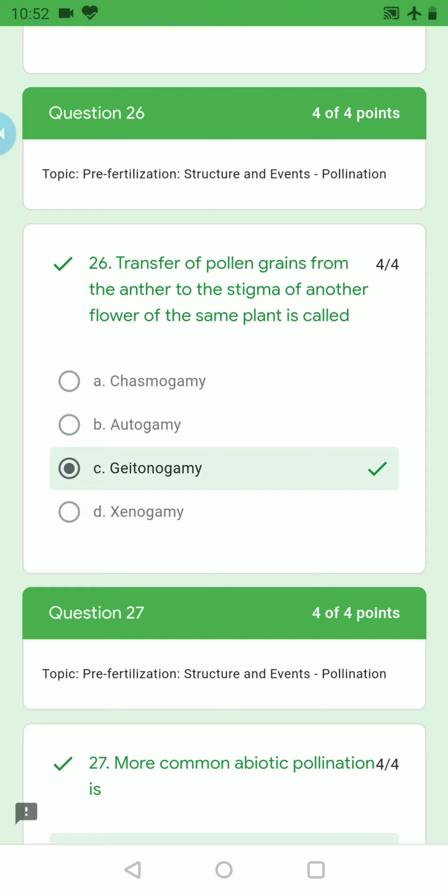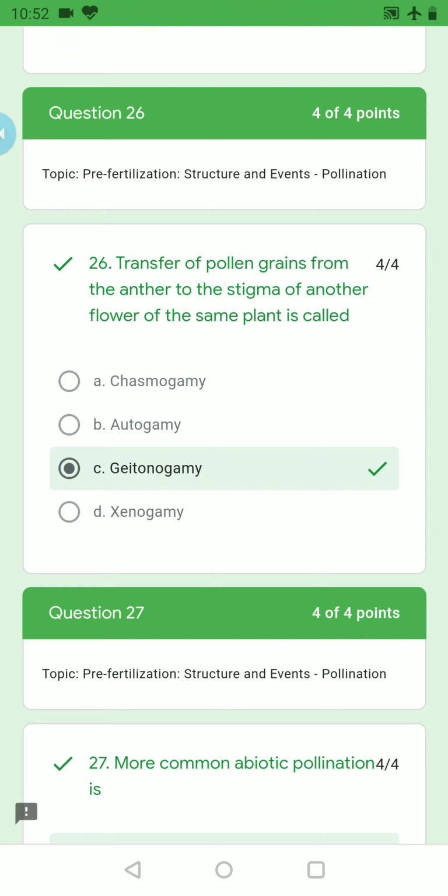Transfer of pollen grains from the anther to the stigma of another flower of the same plant is called, yes, that is nothing but geitonogamy. Geitonogamy is the transfer of pollen grains from an anther of a flower to the stigma of another flower borne on the same plant, isn't it?